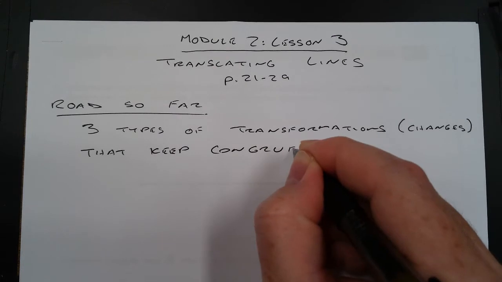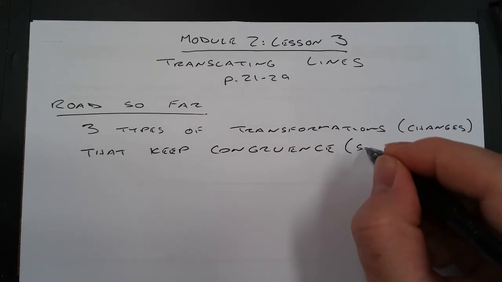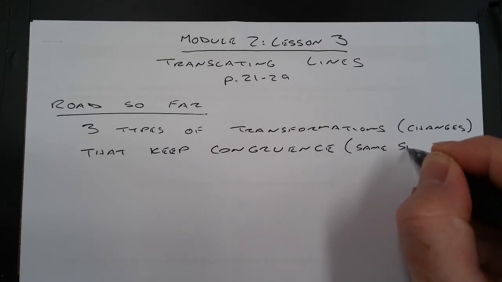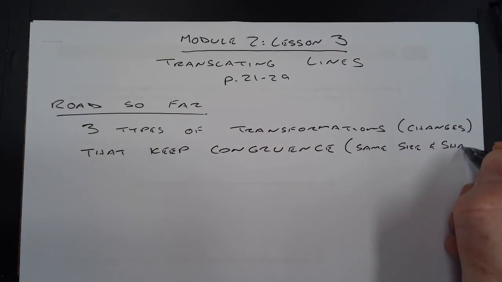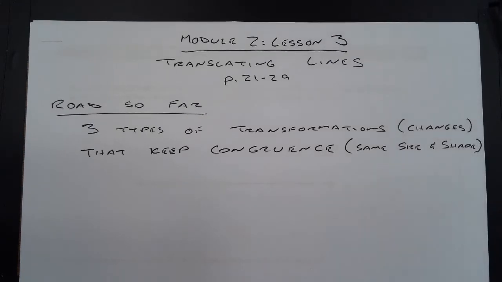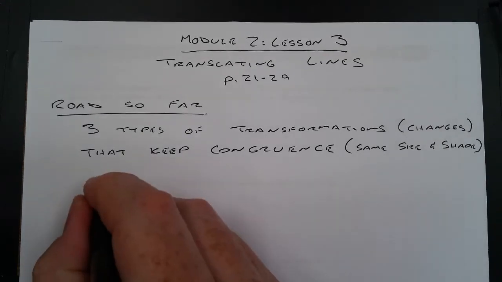And remember, congruence means same size and shape. So there are 3 geometric changes where size and shape stay the same.